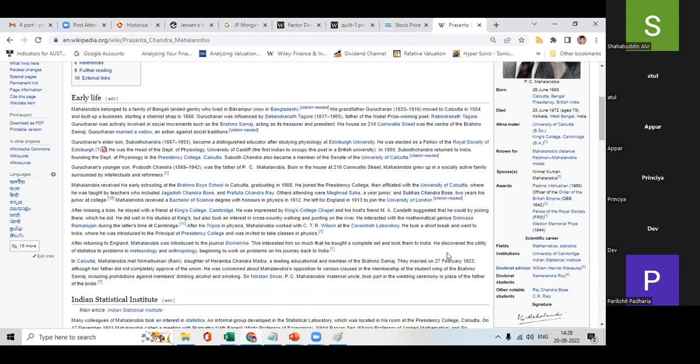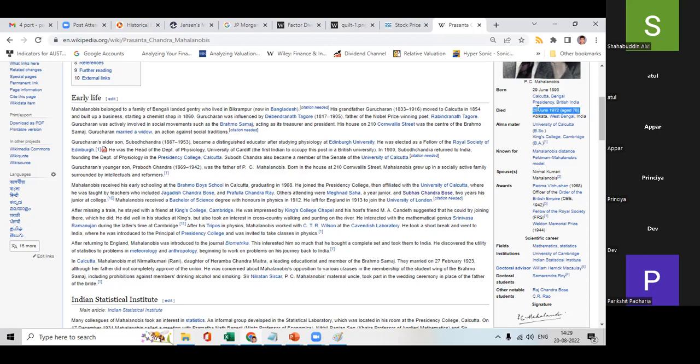He's the one who started ISI in Calcutta, and there's a branch in Chennai. Father of statistics and Padma Vibhushan. Luckily, they were given to him without asking. On his birthday, the 29th of last month, an article was published in The Hindu in Chennai.